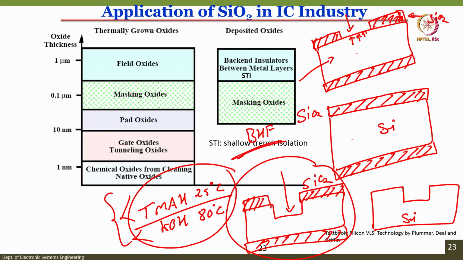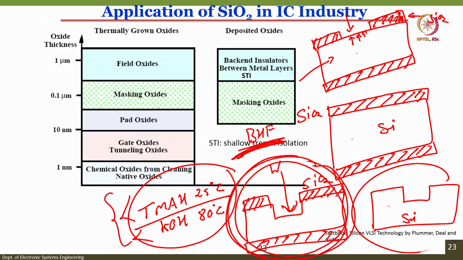BHF stands for buffered hydrofluoric acid. BHF etches silicon dioxide, it will not affect silicon. If you dip the entire wafer in BHF, what will happen? The oxide will get etched, and you have the silicon wafer here.